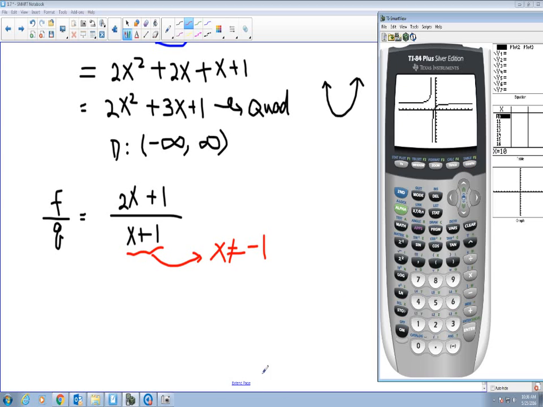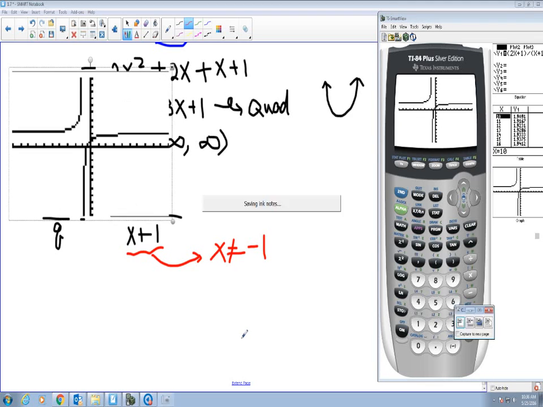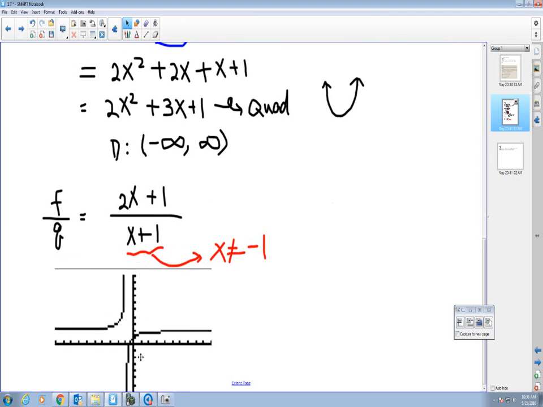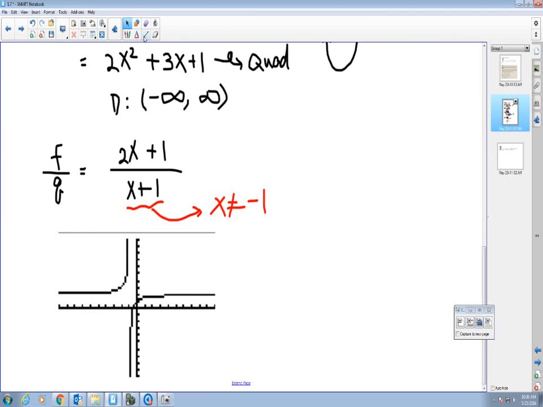So here we go. Here I have a vertical asymptote at negative 1. I'm going to make that red, a little bit thinner.